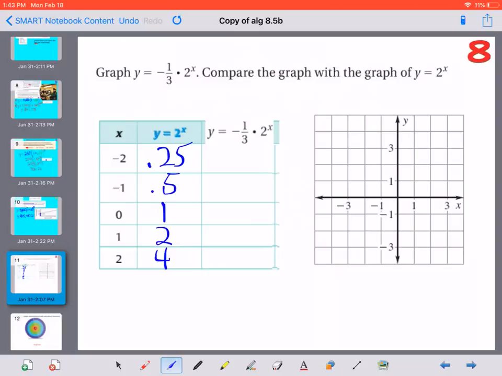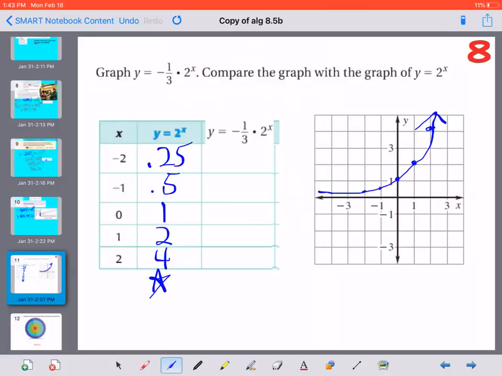So at 0 it's 1. At 1 it's 2. At 2 it's 4. Negative 1 is 0.5. And negative 2 is 0.25. So that is our first function that we are going to compare to.